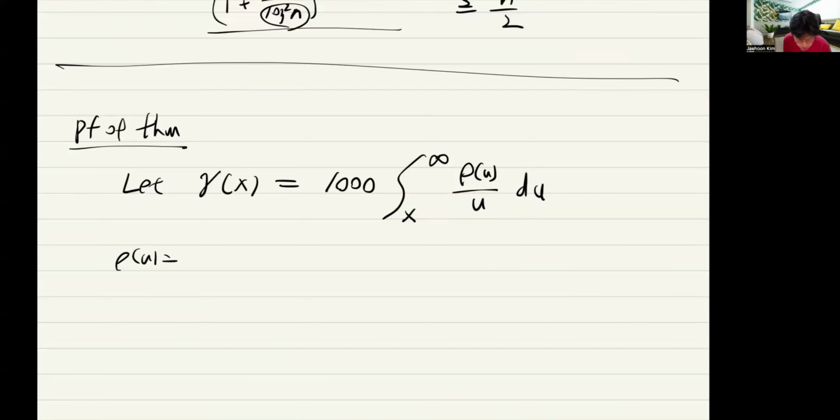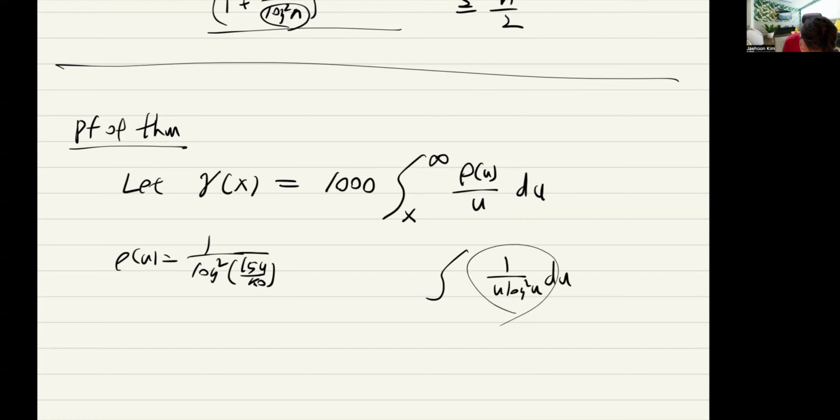So rho(u) is like 1 over log squared of u, times u over 15u over k0. And this is essentially the integral of 1 over u log squared u du, and the antiderivative of this is like 1 over log u. So we know that this is roughly some constant times 1 over log u-ish.